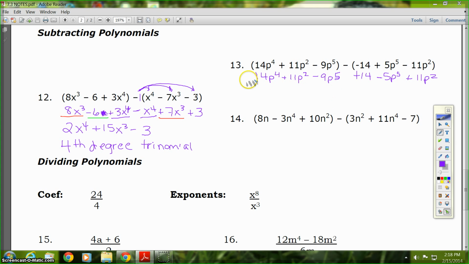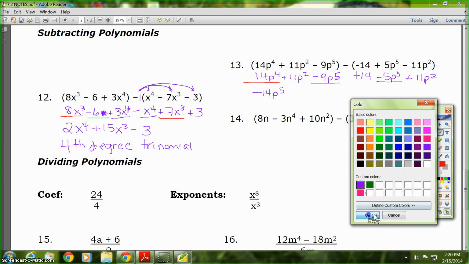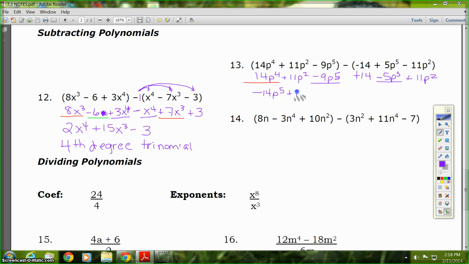And again, I'm going to look for my biggest exponent, and it's going to be to the 5th power. So I have a -9 and a -5, so that's going to give me -14p to the 5th. Then I'm going to move down to my p to the 4th. I have a p to the 4th here, and that appears to be the only one. And that's going to give me plus 14p to the 4th.